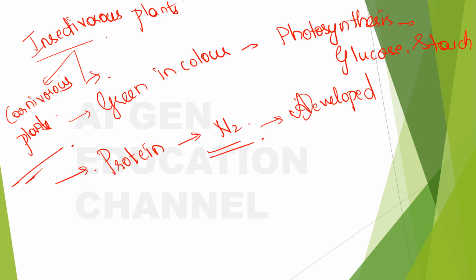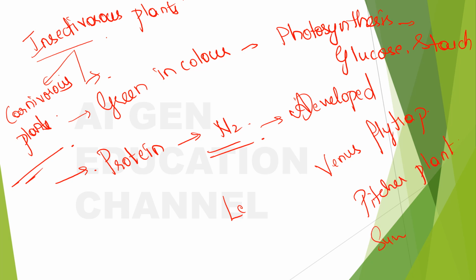Further, if we look at the structure of these plants, the leaves of these insectivorous plants are modified in a way that they can trap the insects. The examples would be Venus flytrap. These examples are very important. Venus flytrap, pitcher plant, sundew, and bladderwort.